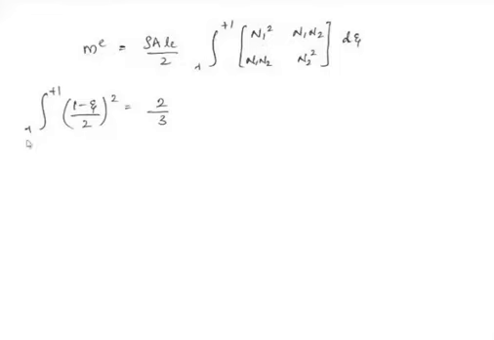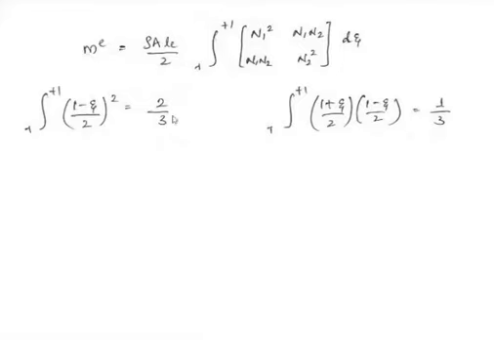So integration -1 to +1 of 1 minus zeta by 2 the whole square, if I do that, I'll get 2 by 3. Next I need to find the value of integration -1 to +1 of N1 N2, that is 1 minus zeta by 2 times 1 plus zeta by 2. If I integrate and apply the limits, I'll get 1 by 3.